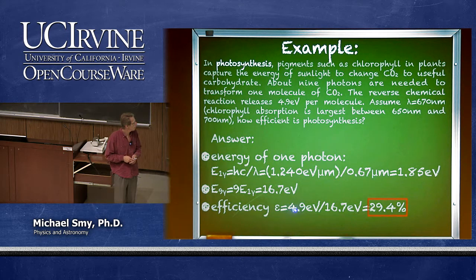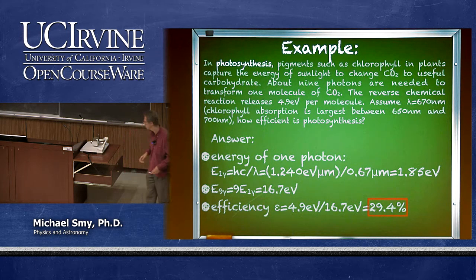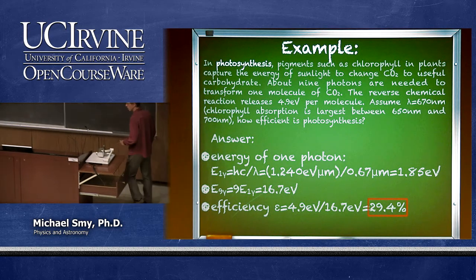And if we now form the ratio of the 4.9 electron volts that we gain when we burn the product molecule over the 16.7 electron volts that was required to manufacture it, then the efficiency is about 30%. So photosynthesis is about 30% efficient.